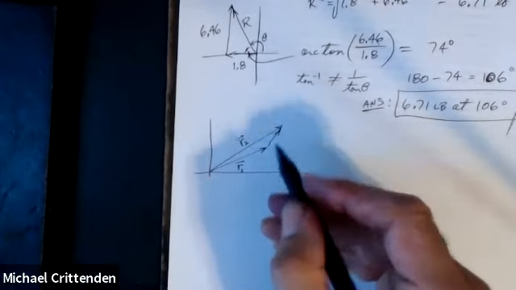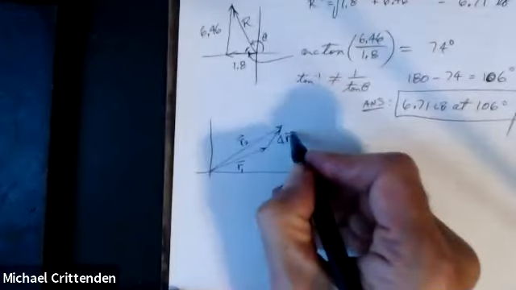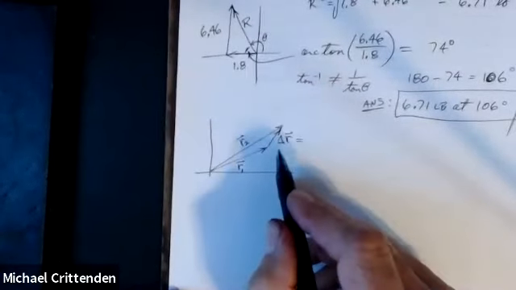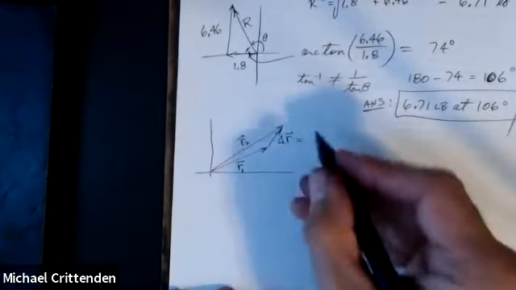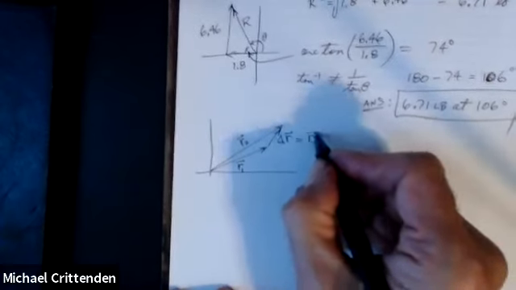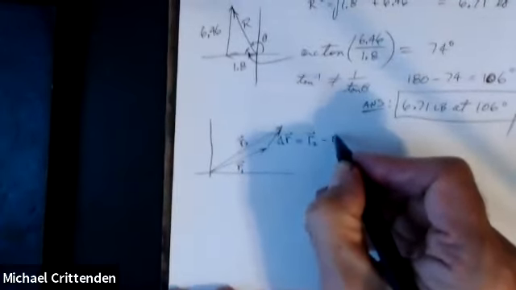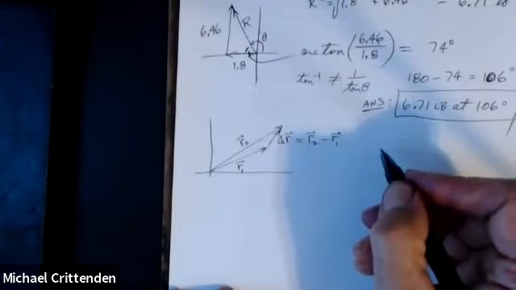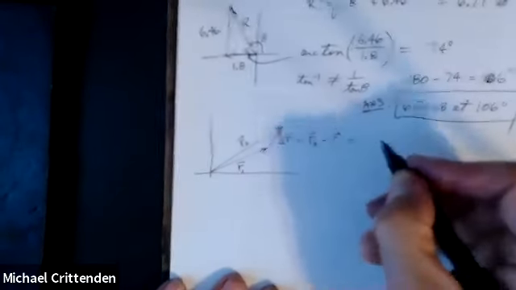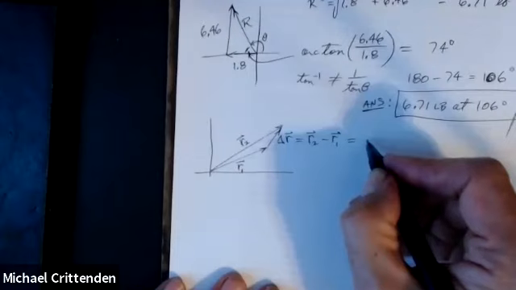Okay, points from the initial to the final position, delta R. And as always, delta means final minus initial. R2 minus R1. And the subtraction of vectors means to add the negative.